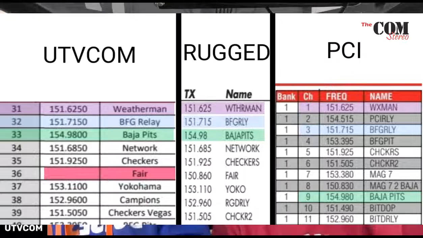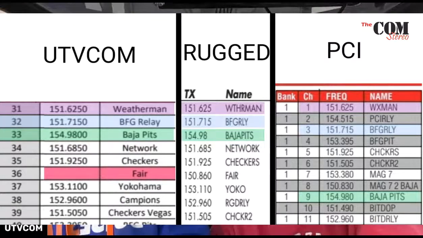Look at the Baja Pits: our channel 33 is Baja Pits. Rugged's is 3 on this one, and PCI's is channel 9. If you lined up 3 on all of them, you're not going to be able to talk to each other. That's the concept of frequencies. You would have to line up our channel 33 with Rugged's channel 3 with PCI's channel 9, then you'd be able to ride all together.